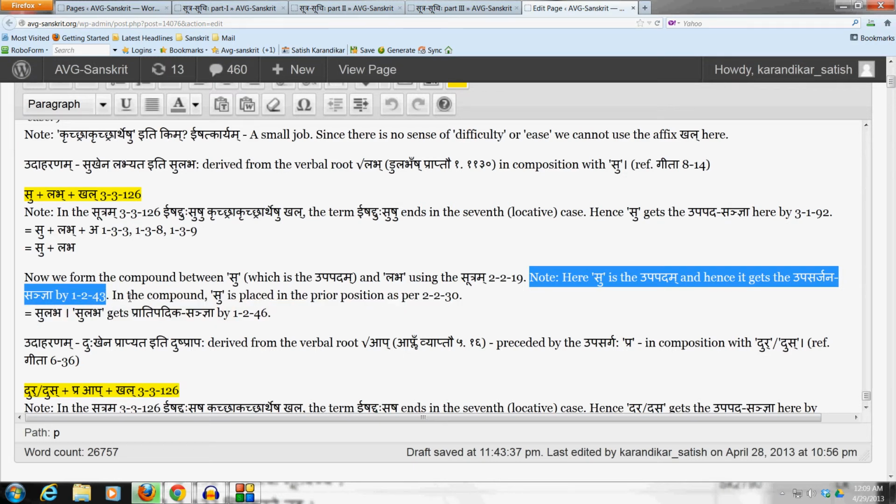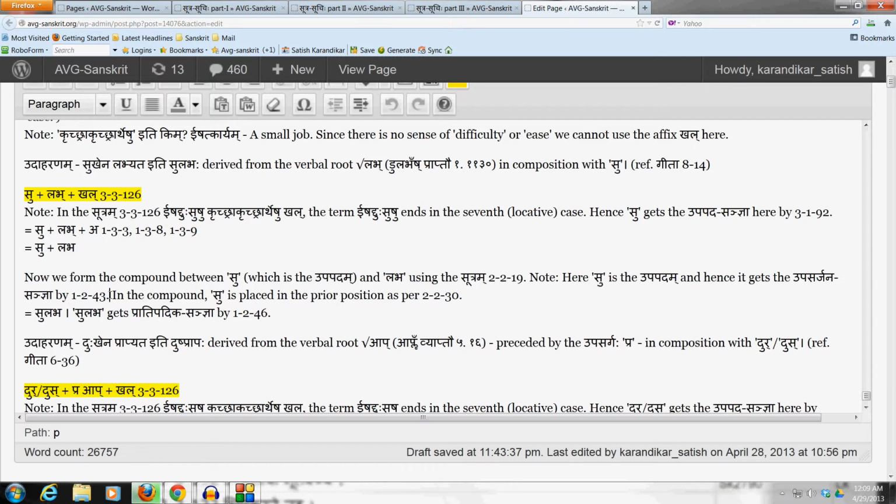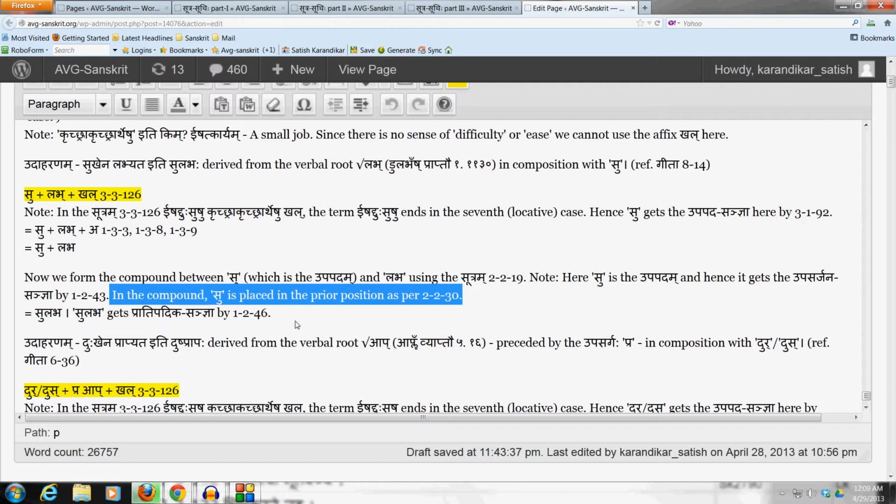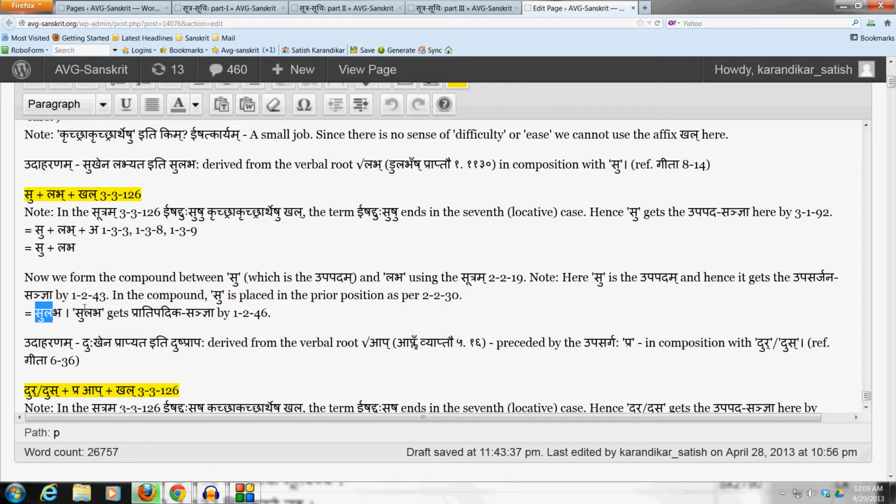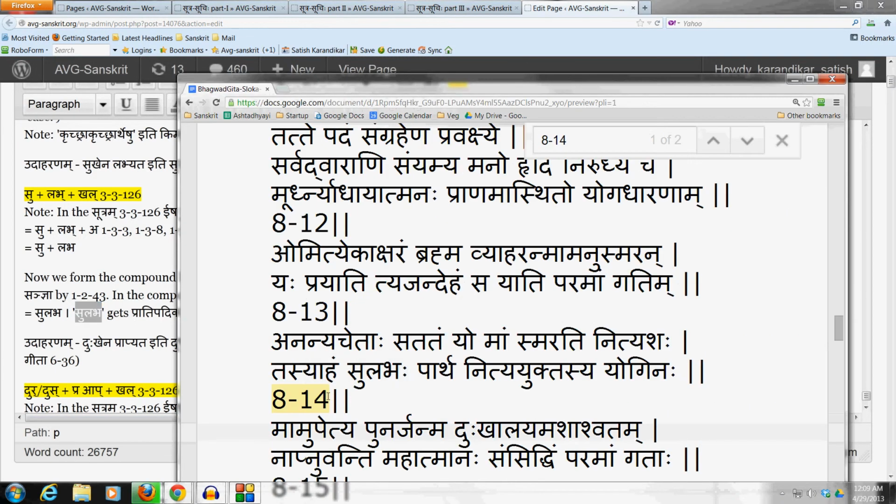Prathamanirdishtam samasa upasarjanam. In the compound, su is placed in the prior position as per 2.2.30. Upasarjanam purvam. So we get su labha, which gets the pratipadika sanya by krit taddhita samasascha. It's an adjective which is qualifying aham Shri Krishnaha. So that's why it is used in the masculine singular. Tasyaham sulabha partha nityayuktasya yoginaha.